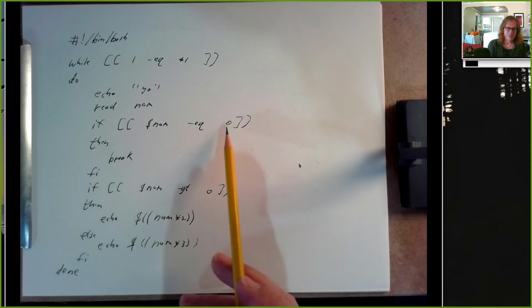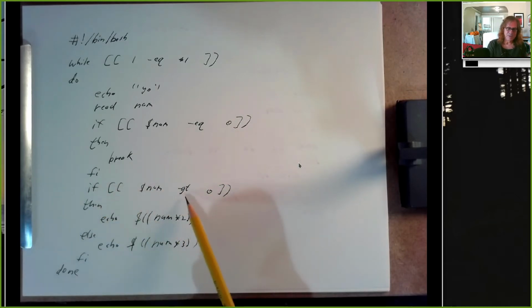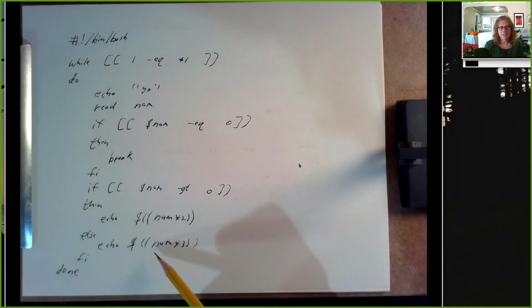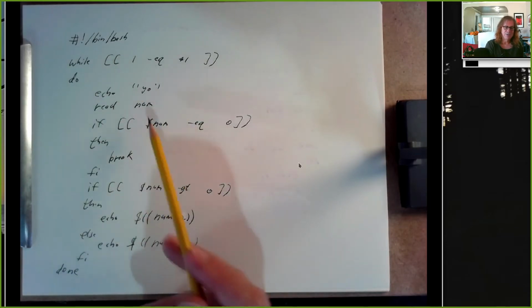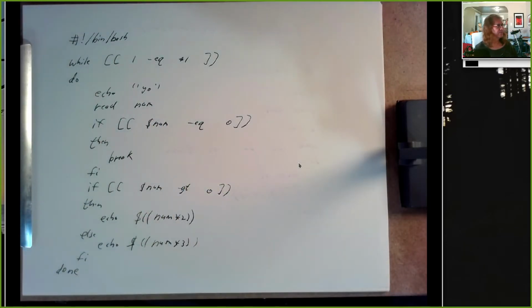So if the number is 0, I'll break. If the number is positive, I'll print twice it. Otherwise, it's got to be negative, because it's not 0, it's not positive. I'll print 3 times that number. And then I'll come back up to the top, print a prompt, get a number, and so on.